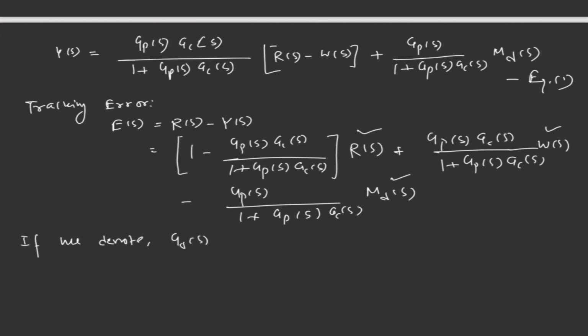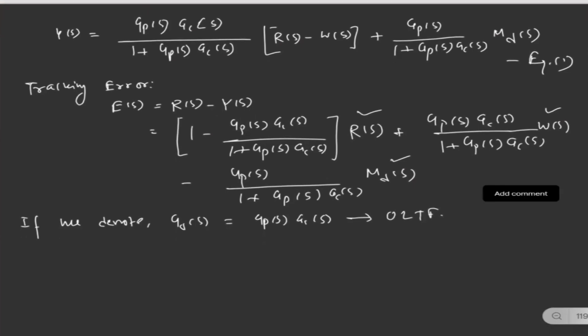And if you denote G naught of S for the unity feedback system, we can write GP of S, GC of S. This is basically the open loop transfer function. This you have already explained.